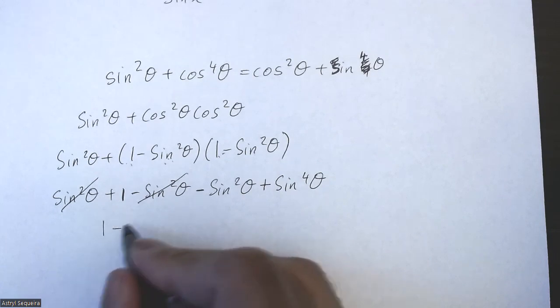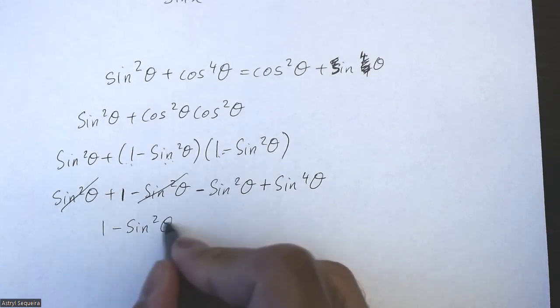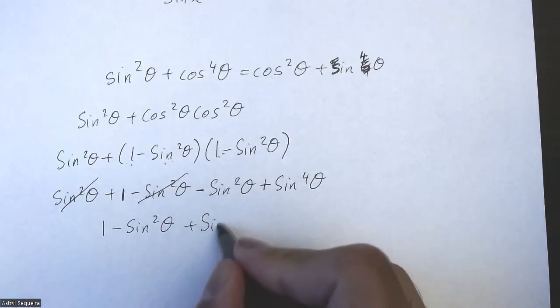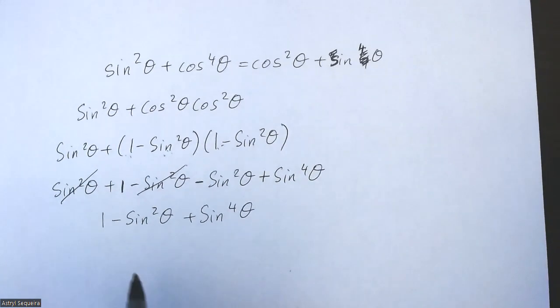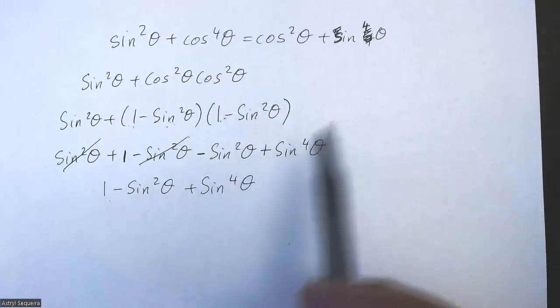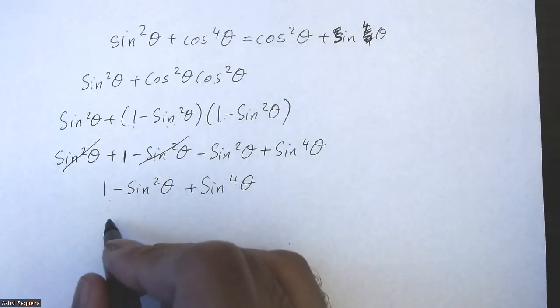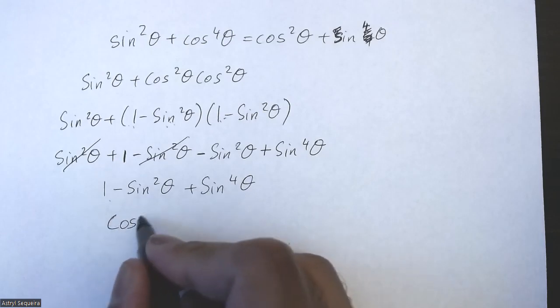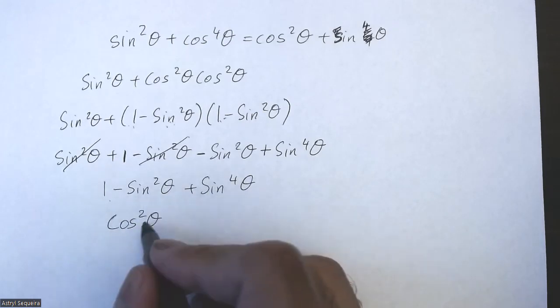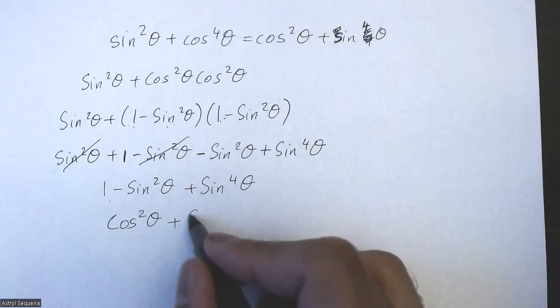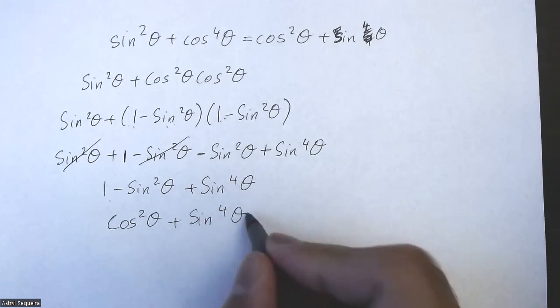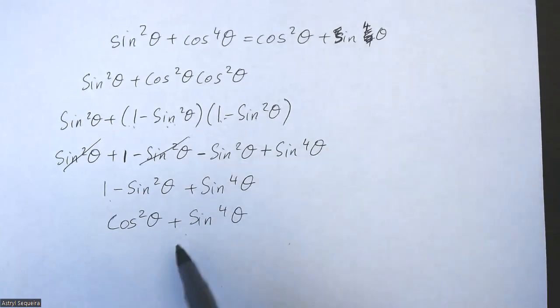So I'm left with 1 minus sine square theta plus sine 4 theta. I know that 1 minus sine square theta is just cos square theta. Again, the same identity, sine square plus cos square equals 1. Using that identity, I can switch these to cos square theta, and this is just the same, and now the two sides match.